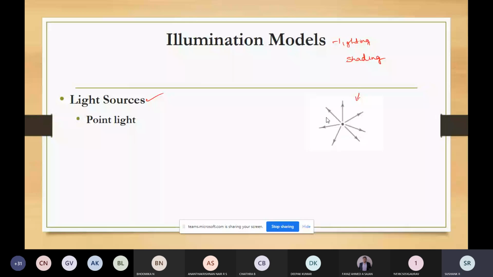This is the simplest source of energy. The point light will emit rays with a single color, and that color is given by RGB component.